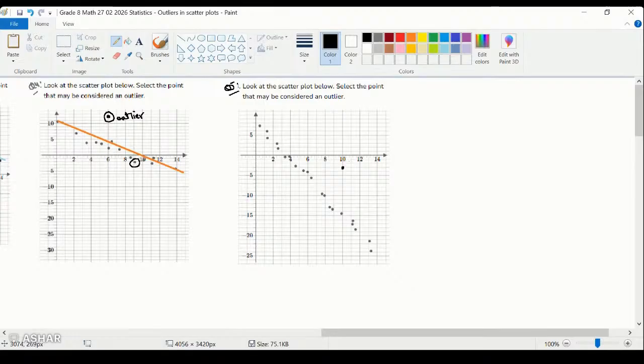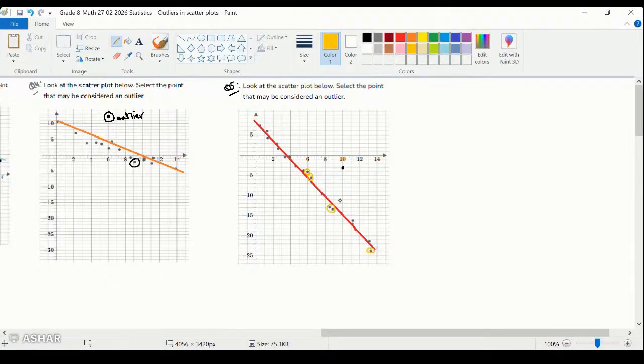Okay. So can we say if we draw a line like this, do we see any other point that is way far away from the line? We can say that this point is not on the line, but it is way close to the line, right?